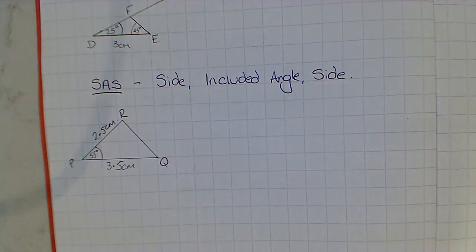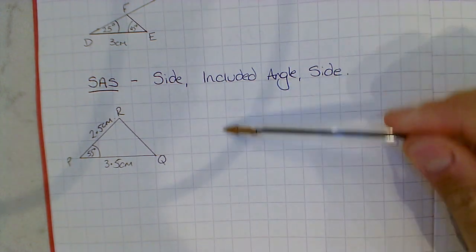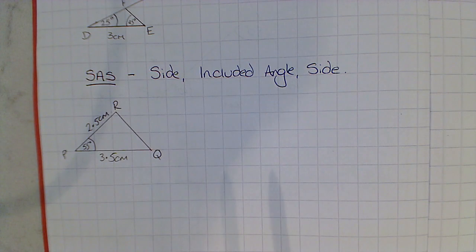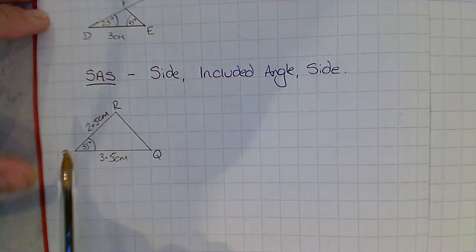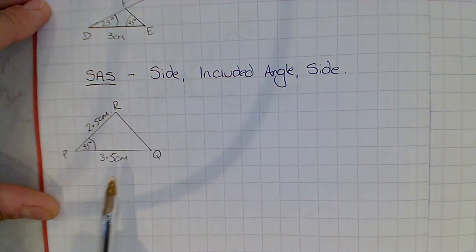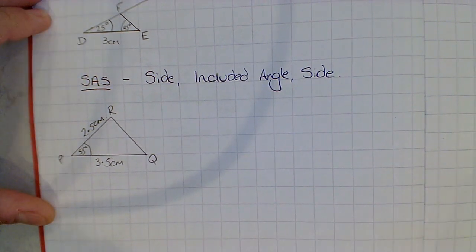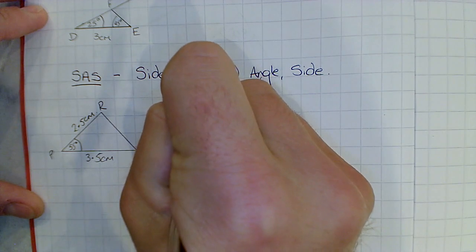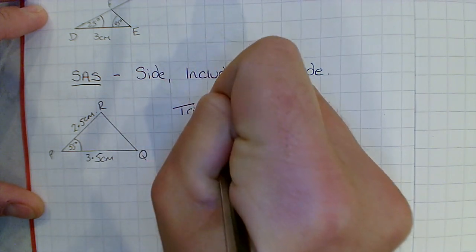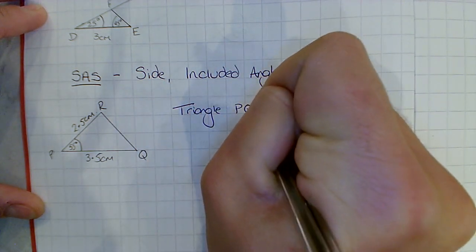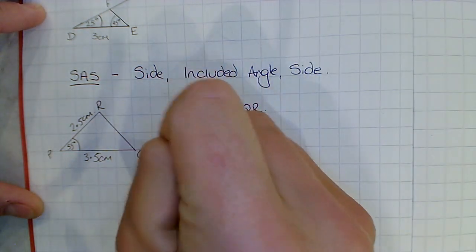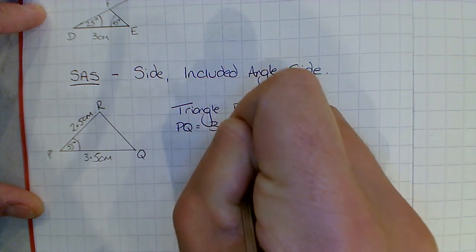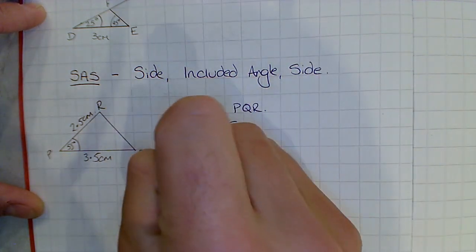Okay, so again, we're going to detail our information in a written form rather than diagrammatic as well. It's also in the book, just so we're happy with that and we can actually tackle question 3 quite confidently. So here, this would be known as triangle PQR. We would have length PQ is equal to 3.5 centimetres.